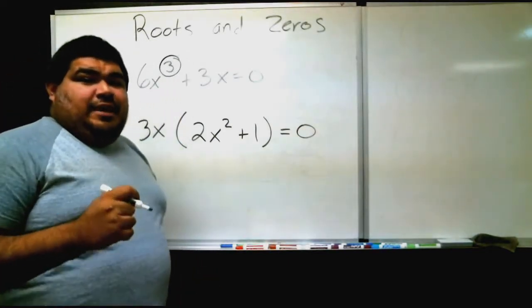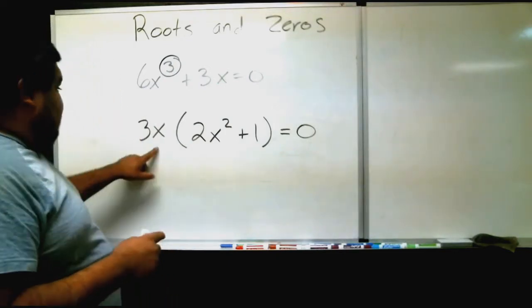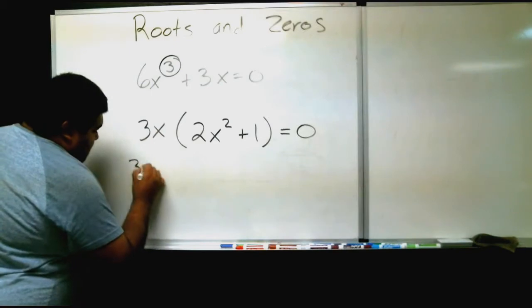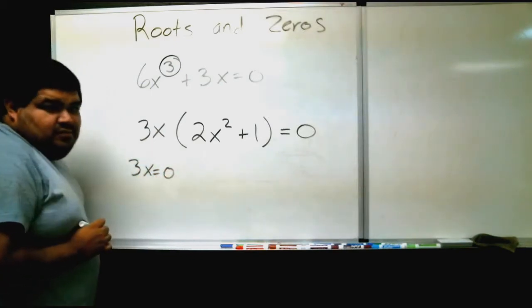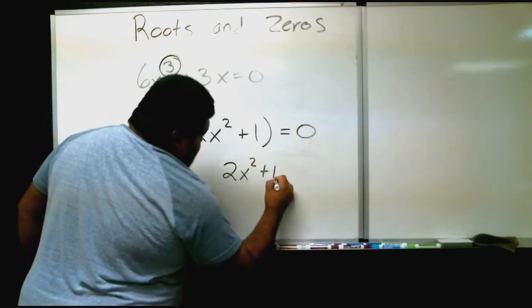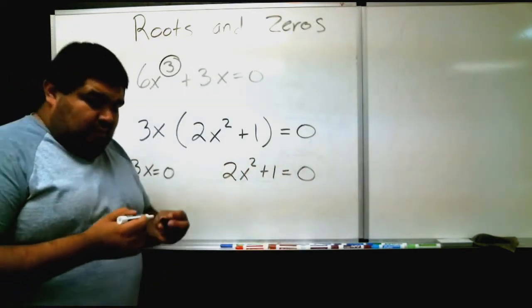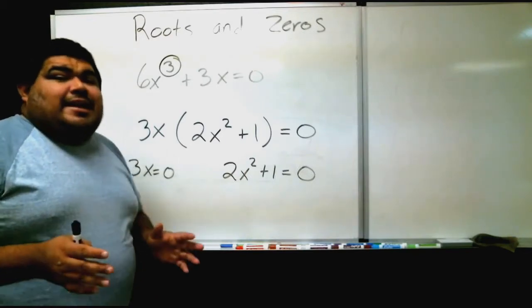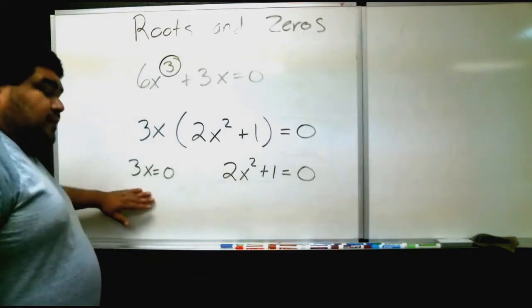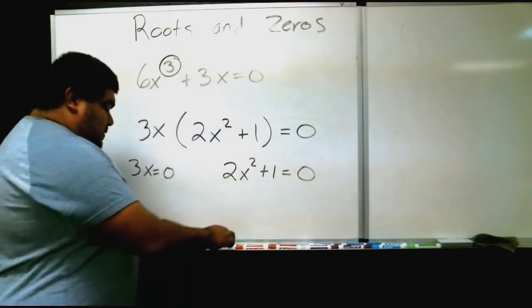Now that you have that, you have 2 different problems. You have a 3x that equals 0, and then you also have 2x squared plus 1 equals 0. When that happens, all you have to do is solve for the variable, in this case x.